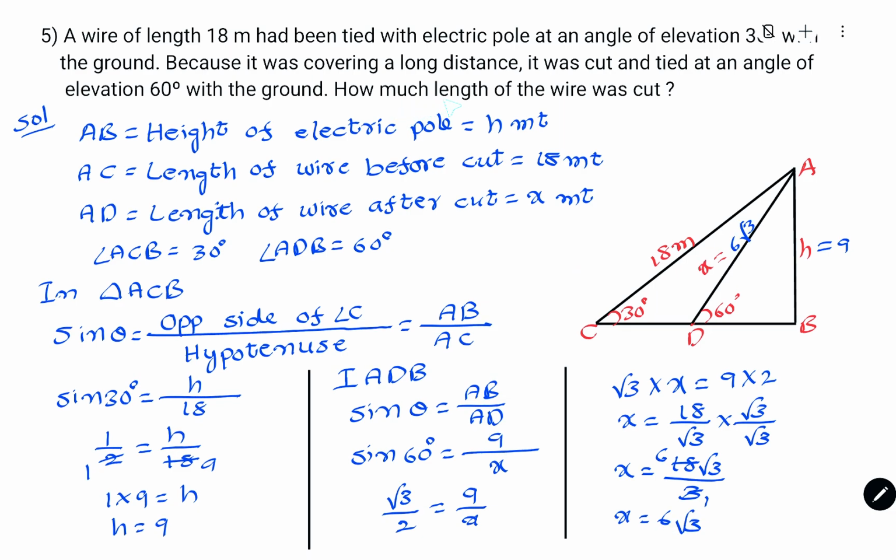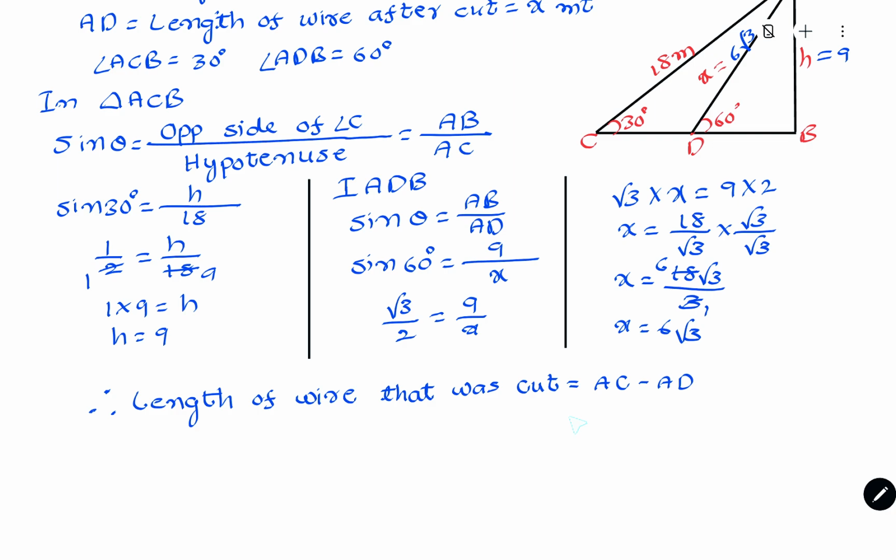Here we need to find how much length of wire was cut. For that we take AC minus AD. Then we will get the answer. Here we know AC. AC is 18. AD is 6 root 3. Here we know the root 3 value. So write 18 minus 6 into the root 3 value, 1.732.